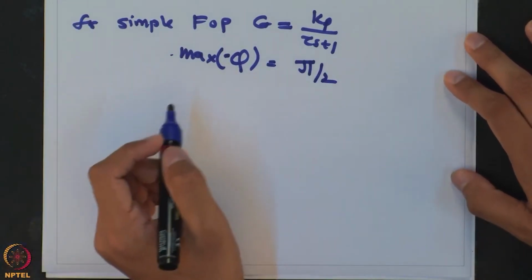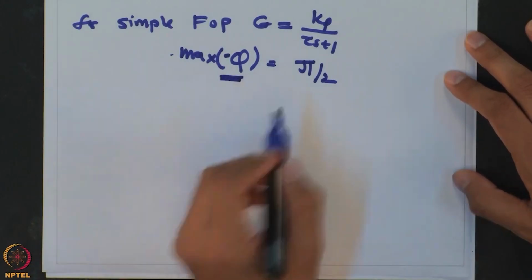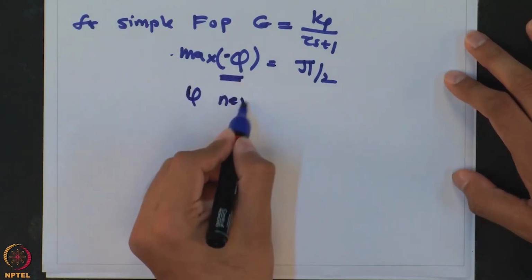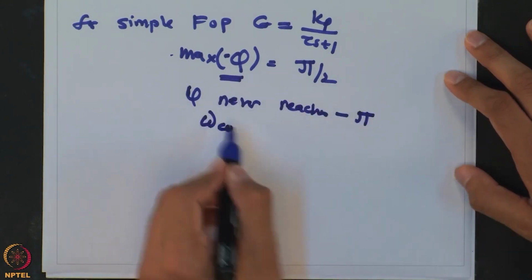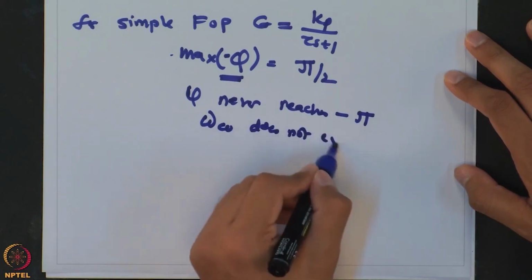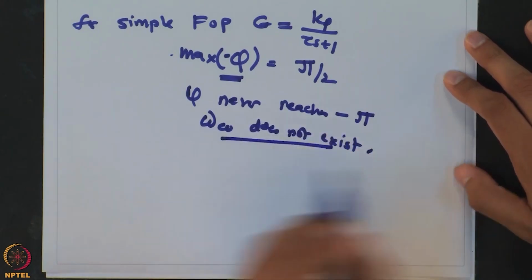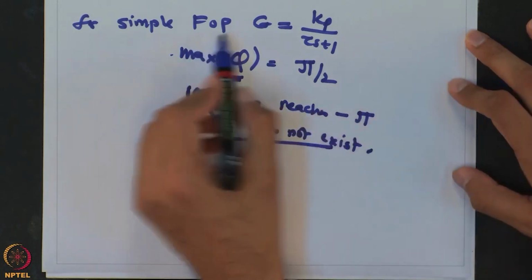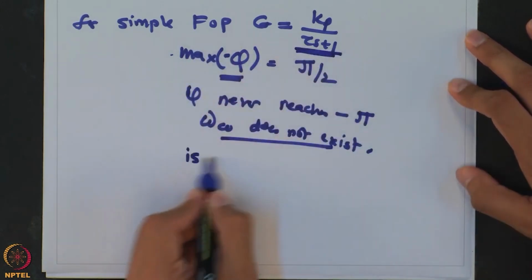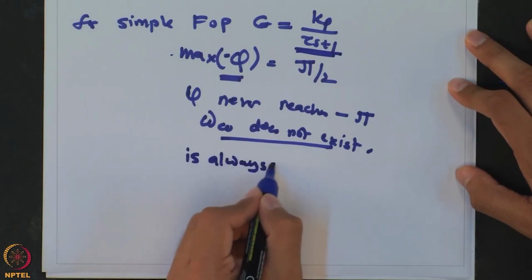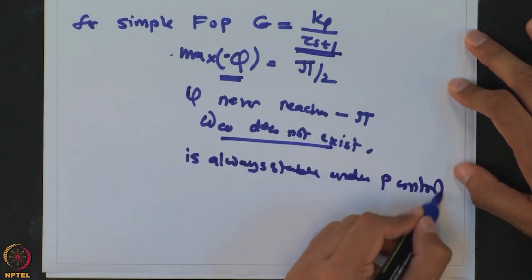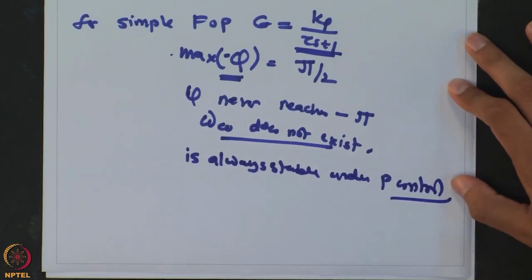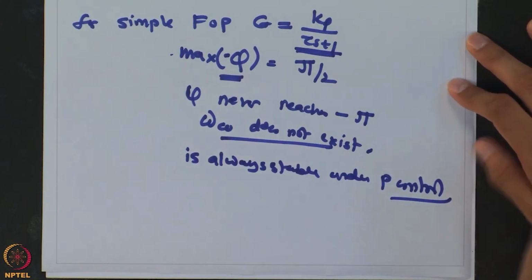Because of that, the phase never reaches minus pi. So omega crossover does not exist. As omega crossover does not exist, this simple first order process is always stable under P control, because when you have a P control, it is just going to add to the gain of the system. It has no effect on the phase.